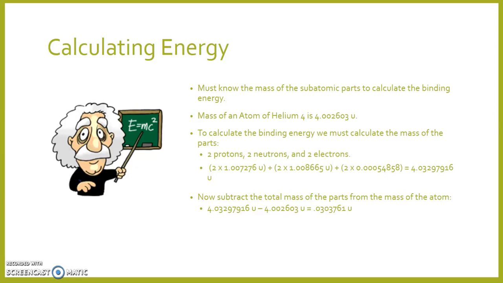So the total mass is 4.03297916 U. Now you subtract the mass of the atom from the total mass of the parts. So you take 4.03297916 minus 4.002603 U, and you should get 0.0303761 U. It is important to round all the way out.